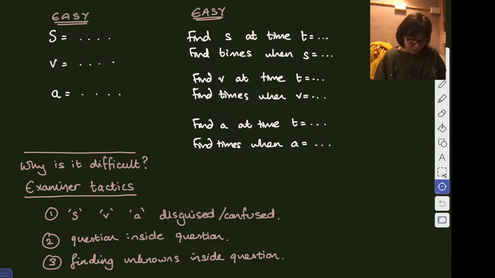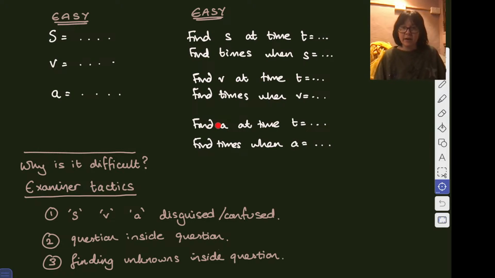The first one is what I was talking about, where they change the way that they describe the thing they want you to find or use. So instead of saying find the displacement at time t, they say find the distance travelled up to a certain time. Or instead of saying find the times when the velocity is this, they might say find the times when the speed is this, or find the speed at time t.